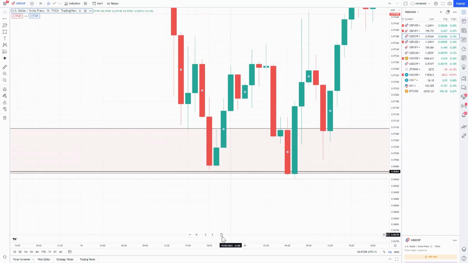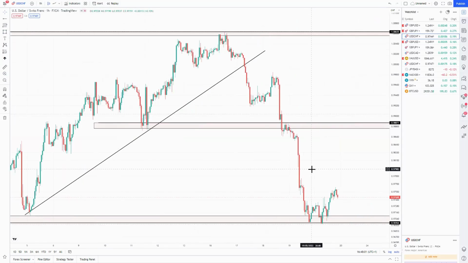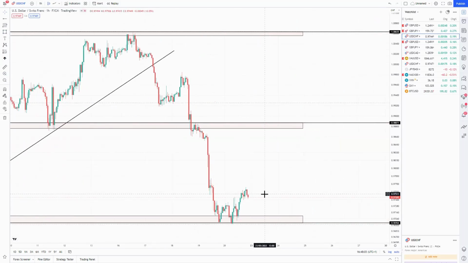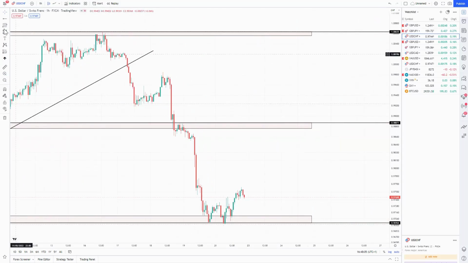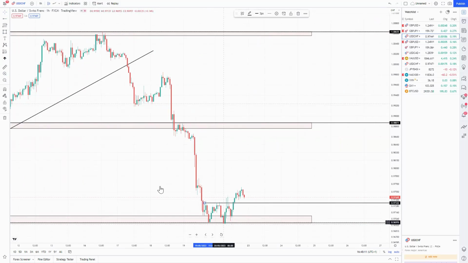So let's see if this is actually going to give us something nice. So this looks like a triple bottom. So we expect price to possibly come back for a retest and a continuation upward.